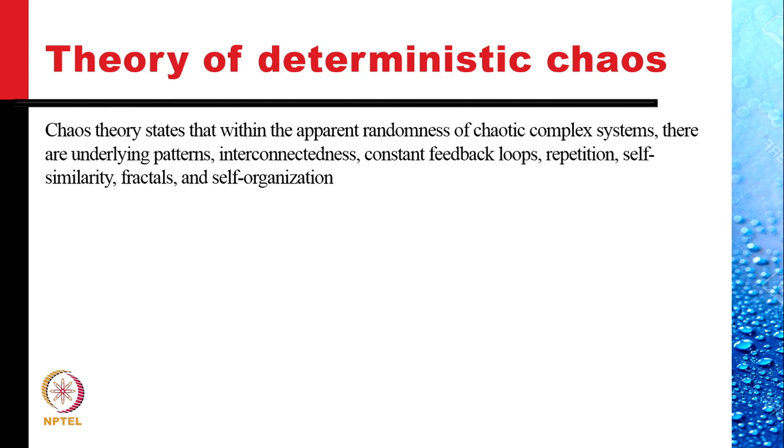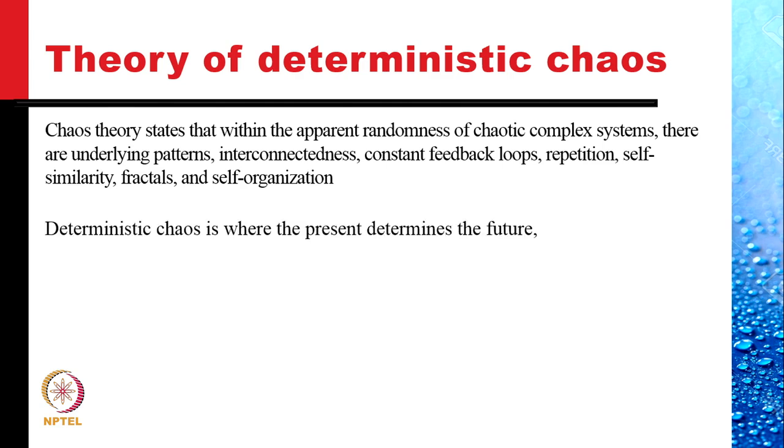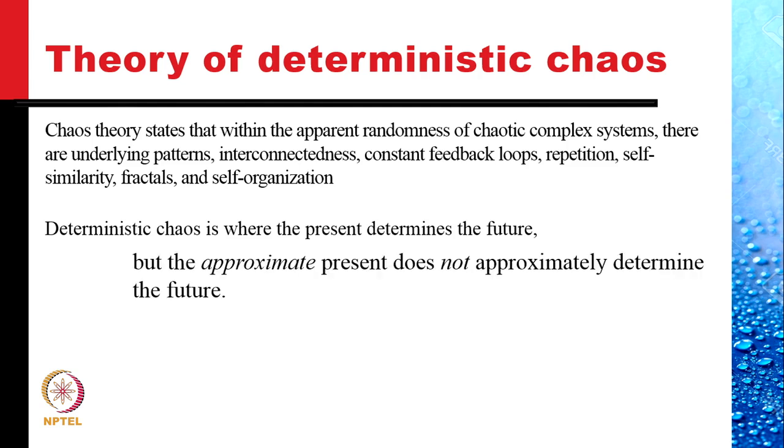Chaos theory states that within the apparent randomness of chaotic complex systems, there are underlying patterns, interconnections, constant feedback loops, repetitions, self-similarity, fractals, and self-organization. Deterministic chaos is where the present determines the future.